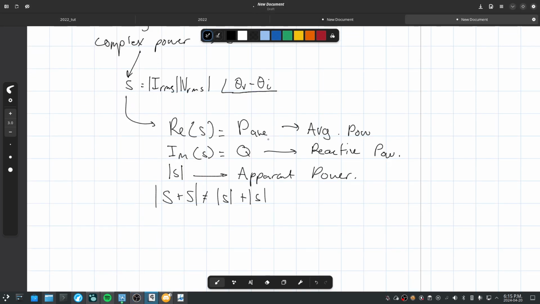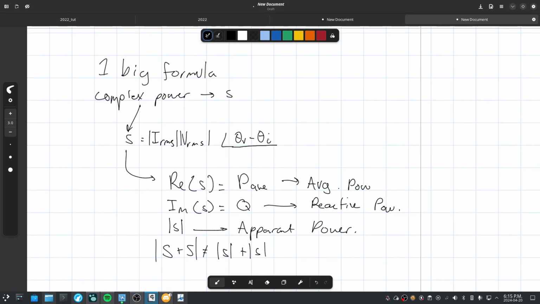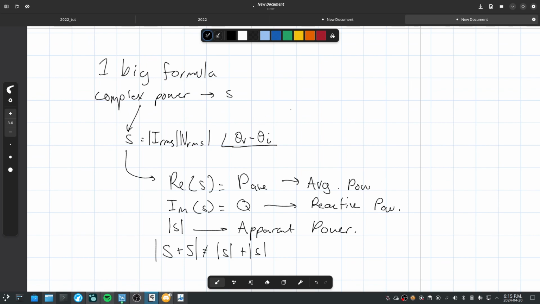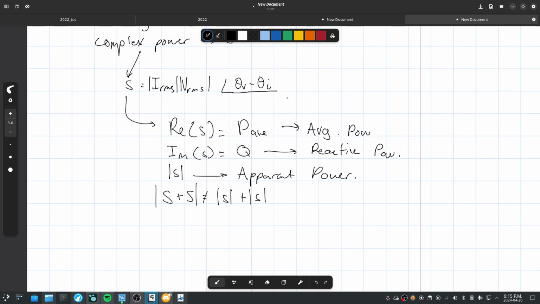So this is pretty much the main equation. There is another one: this angle is also given by the power factor.